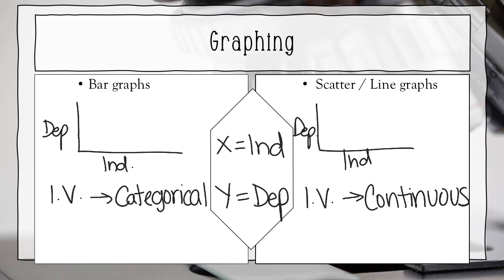Start with your x and y axes, then decide if you're going to do a bar graph or a scatter plot. If it is categorical, meaning you did not measure the independent variable, then it's going to be a bar graph. If it is continuous and you measured the independent variable, then you're going to put it in as a scatter plot / line graph. We can kind of distinguish that in a sec.